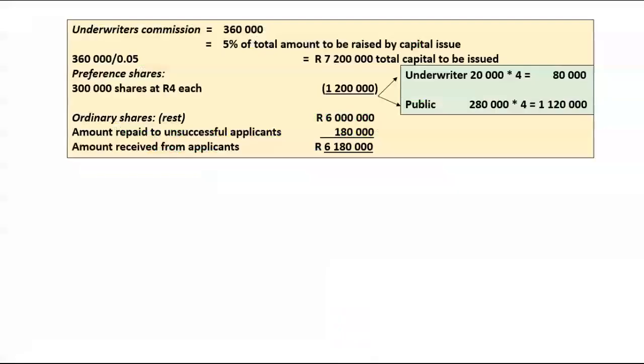So we only received applications for preference shares equal to 280,000 from the general public, which together gives us 300,000, which is what they wanted to issue. The underwriter took up 20,000, so the general public must have applied for 280,000. Great, now we've got the full picture. All we have to do now is to journalize the picture.